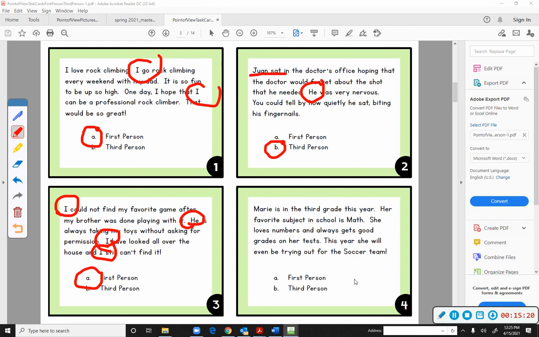What makes you think it's 1st person? Third person? Okay, so we changed our mind. Why did we change our mind to 3rd? Because it says just Javea. There's no one in the story talking.